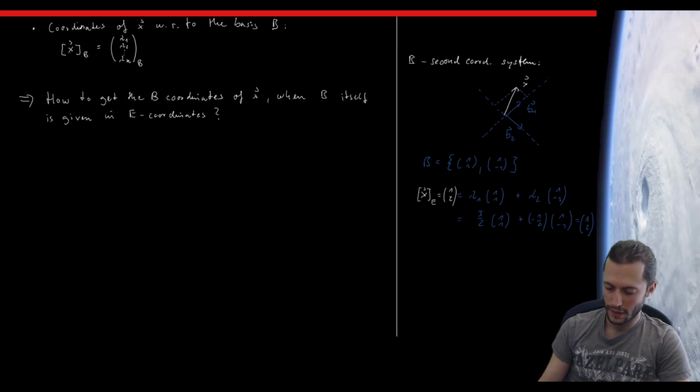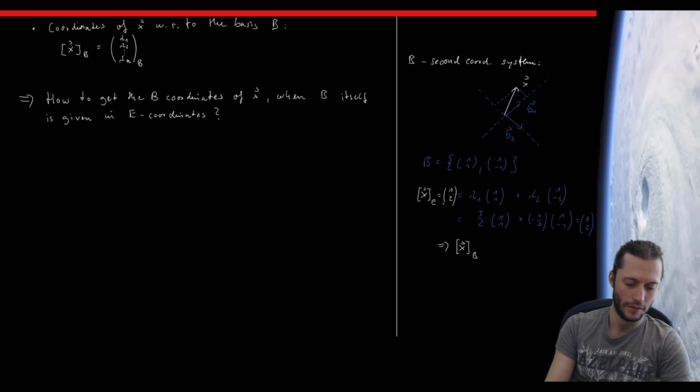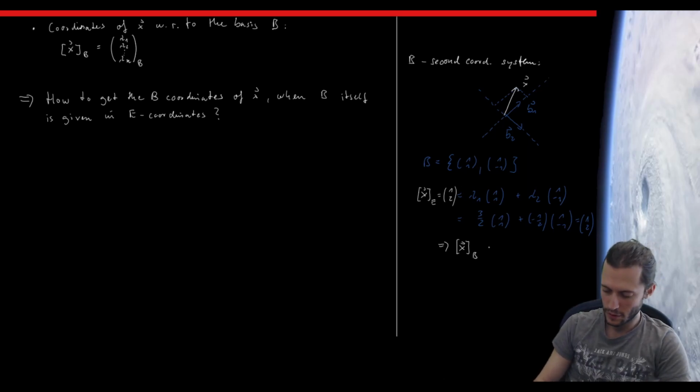So what we found is the vector x in b coordinates, like up here, those lambdas would be 3/2 and minus 1/2, lambda 1 and lambda 2.